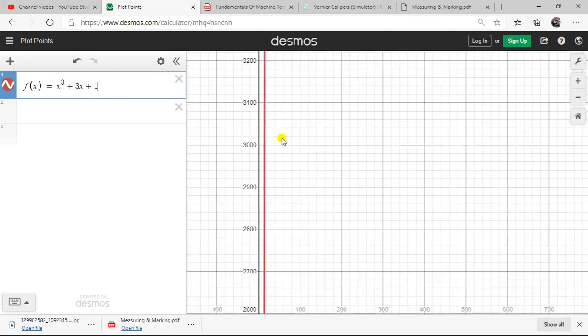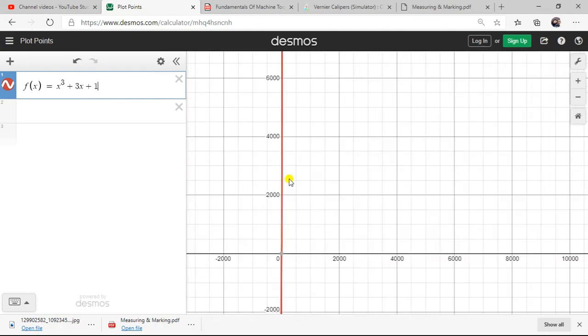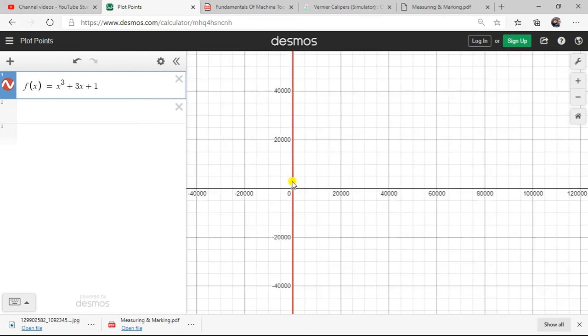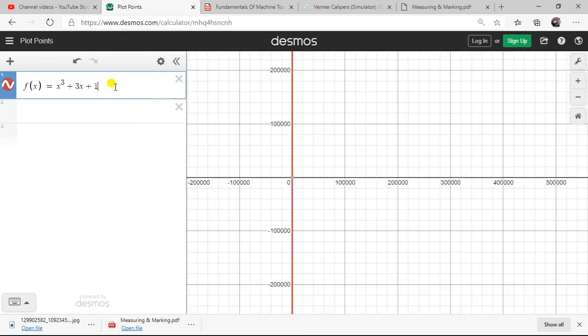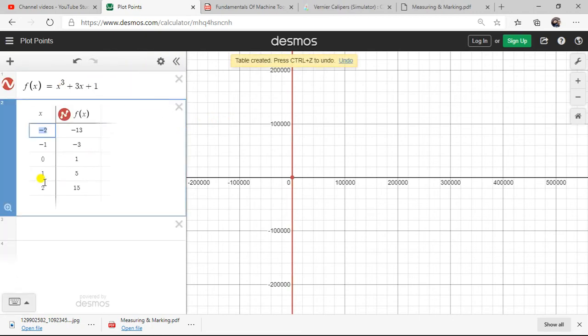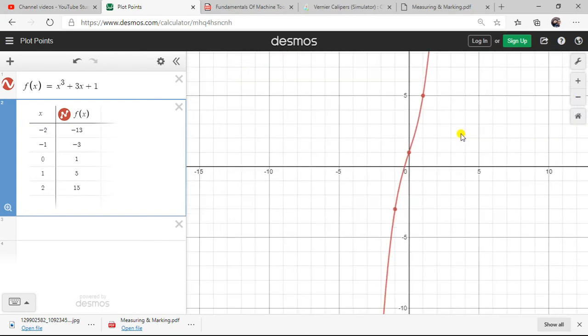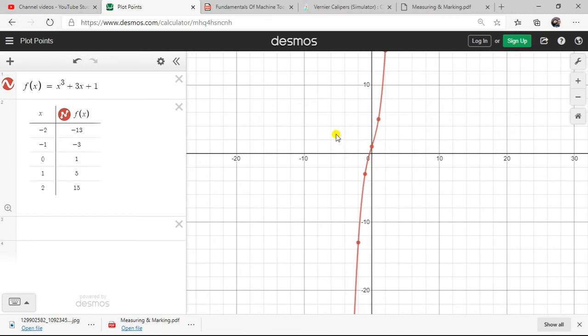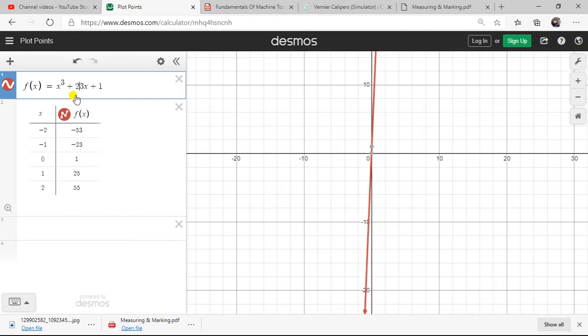If we zoom out, okay, it is far. As you notice, we can't yet see a maximum or minimum, but if we add, let's say, plus 2x squared plus 3x.